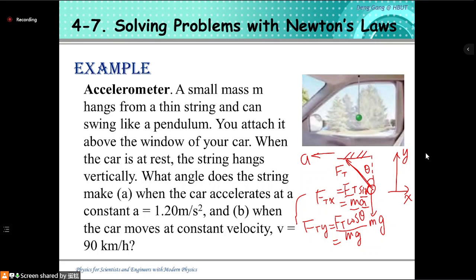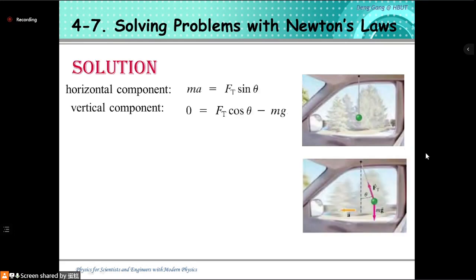Okay, so that's the first step. In the horizontal direction, F_T sine theta is equal to ma, and in the vertical direction the acceleration is 0, so F_T cosine theta is equal to mg. So we can cancel F_T so that we can solve for the angle. When we cancel F_T, tangent theta is equal to a over g. g is the acceleration near the surface of the Earth.